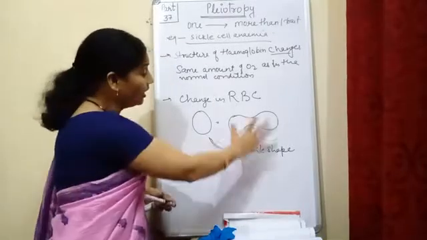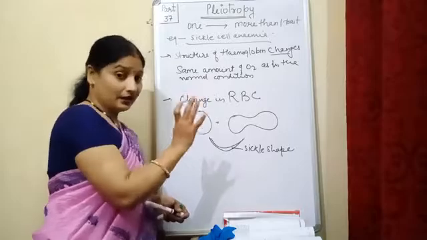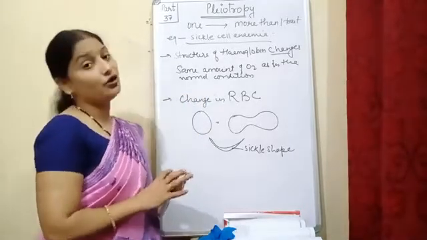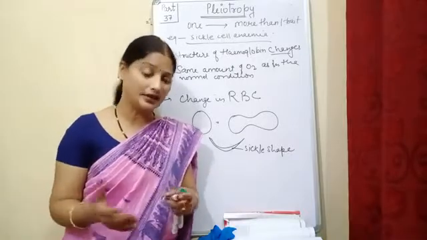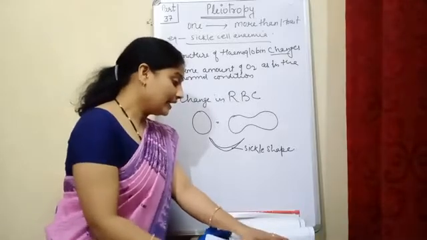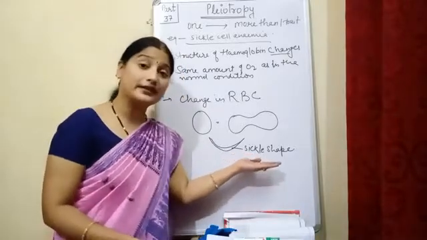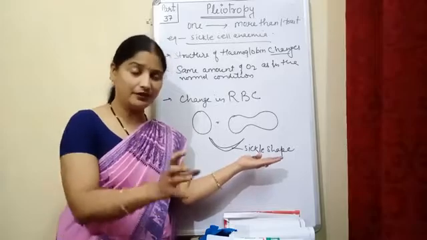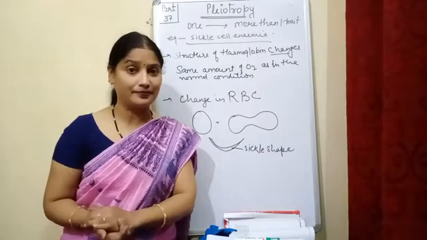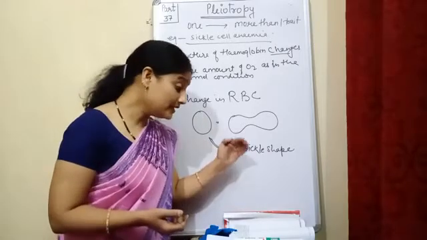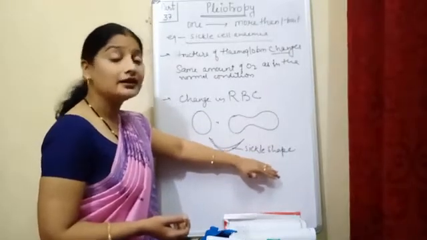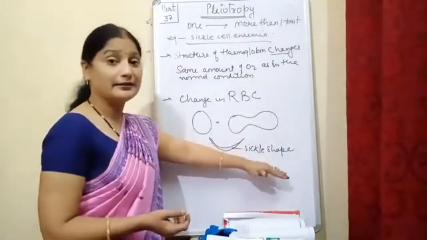Okay. Now, because of this, there is a problem, and the person is not able to carry or transport the oxygen properly. And if this is present in the heterozygous condition, like in the blood, then the person can survive. Clear? But if it is present in homozygous individuals, then the person will die early.